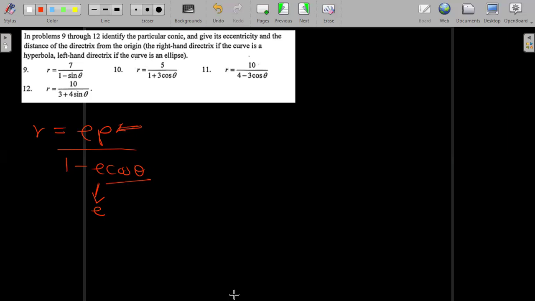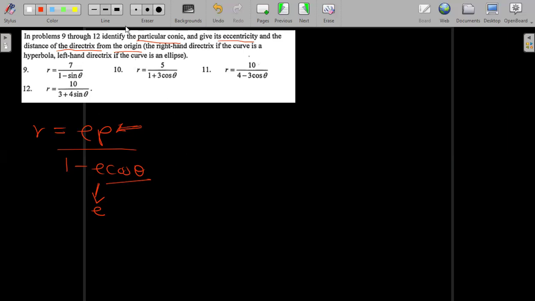What's important is that you have to identify the particular equation, give its eccentricity, and also find the distance of the directrix from the origin.